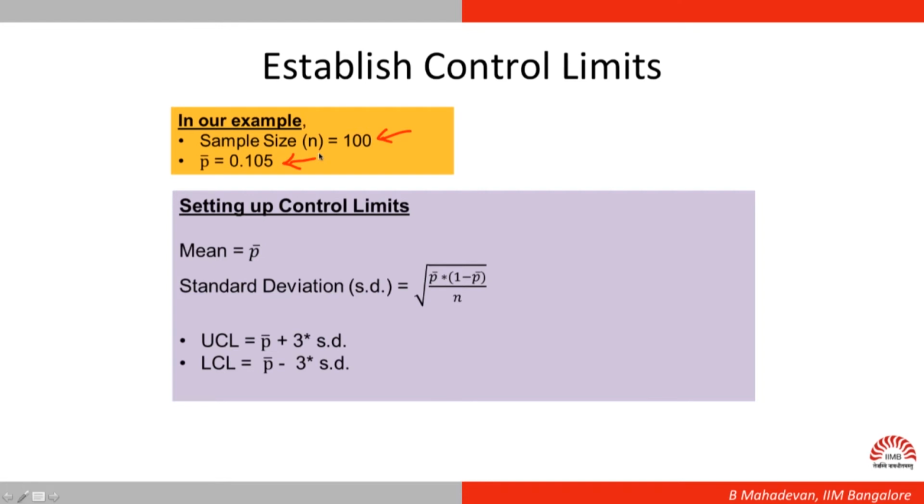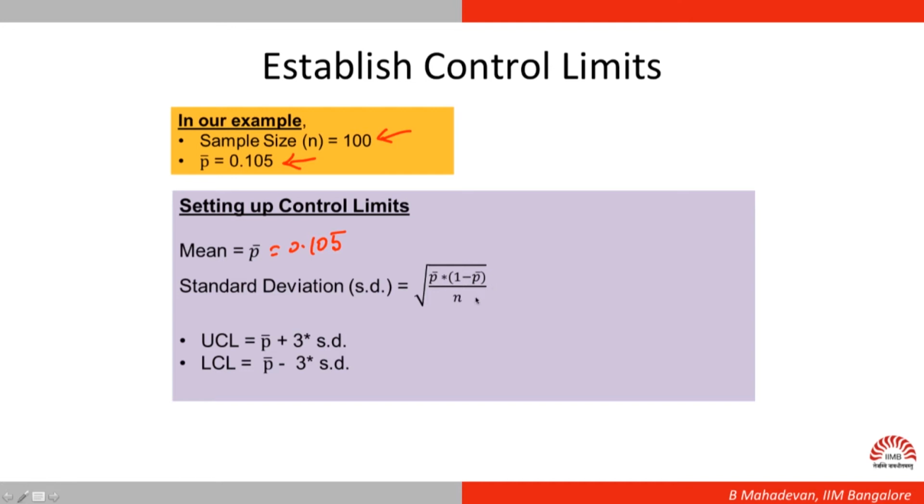Now, the parameters are set as follows. The mean of the control chart is nothing but p bar, which happens to be 0.105. Then we compute the standard deviation by this formula. Standard deviation is the square root of p bar times 1 minus p bar, divided by n.